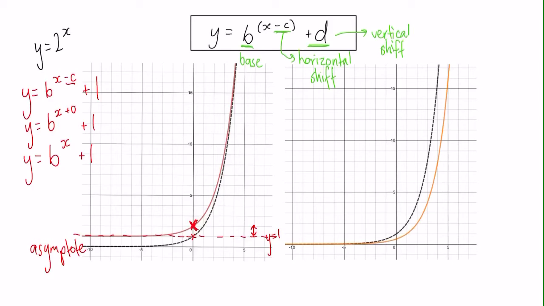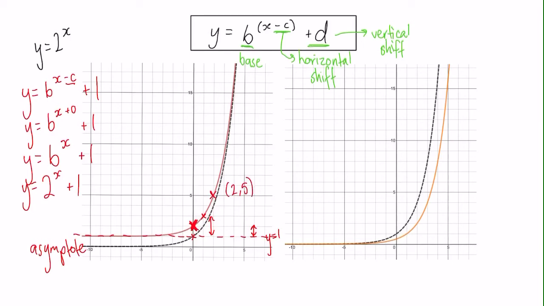Last thing I need to find out is the base. From that point that's 1 above the asymptote, I go to the next point, and I see that that is 2 above my asymptote, so I am thinking that my base is going to be 2. So 2 to the power of x plus 1. I can check that I've got the right formula by picking another point on my graph that I can read and substituting that in. That point there is 2, 5.